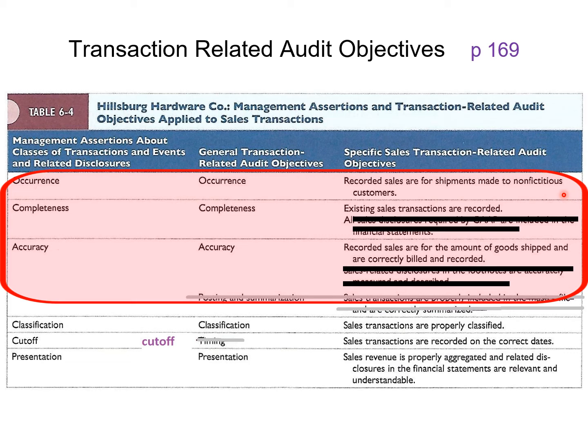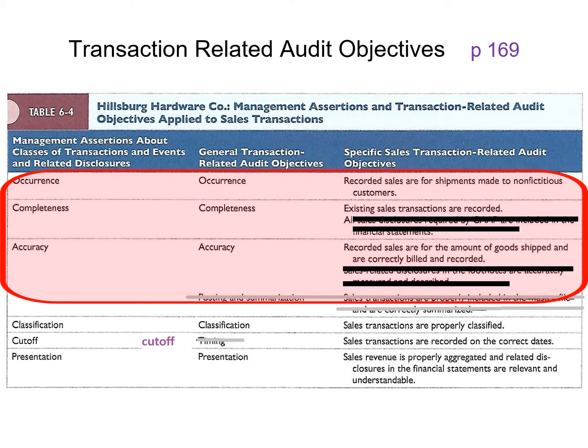Completeness. Existing sales are recorded. Oh, I hate that. Existing relates to balances. So I'd rather they used all sales that occurred are recorded. We relate occurrence to transaction. We relate existence to balances. So, it's not all bad, but I'm going to prefer all sales that occurred are recorded.